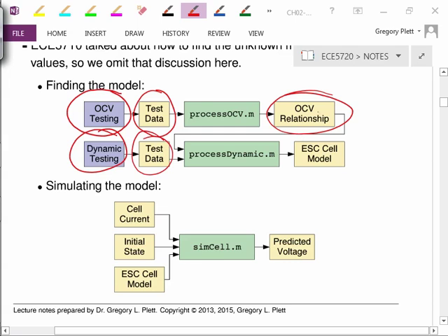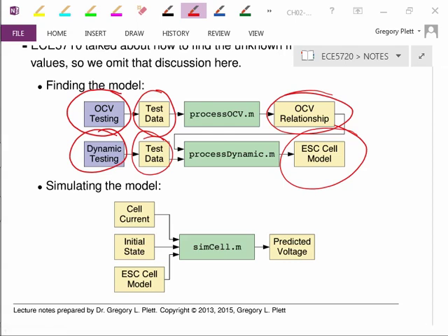And that test data, combined with the open circuit voltage relationship that we've already seen, is processed using an optimization procedure which attempts to find resistor values and capacitor values and hysteresis values. And overall, we get an enhanced self-correcting cell model set of parameter values that describes the operation of this cell in rest situations and in active simulation situations.